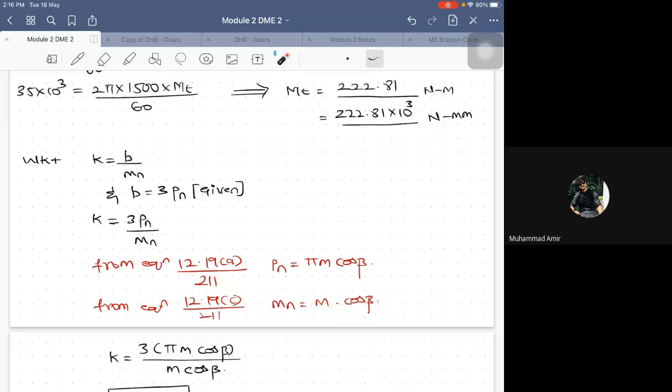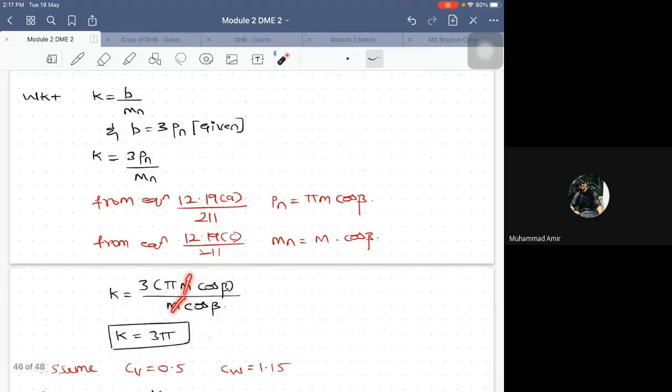When I substitute, m goes away, cos beta goes away. The only remaining is the 3 pi. So this is the way I would obtain the value of K, which is 9.42.